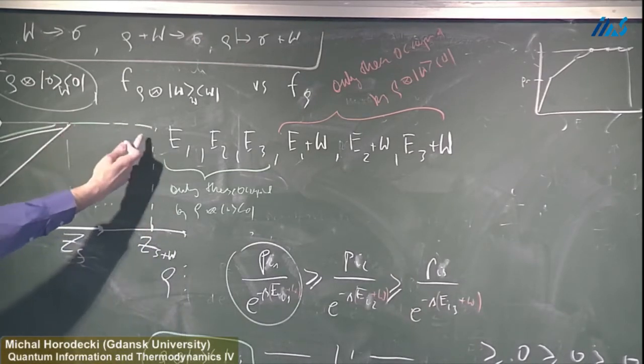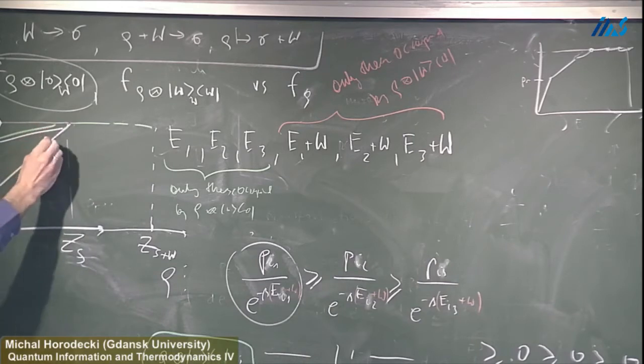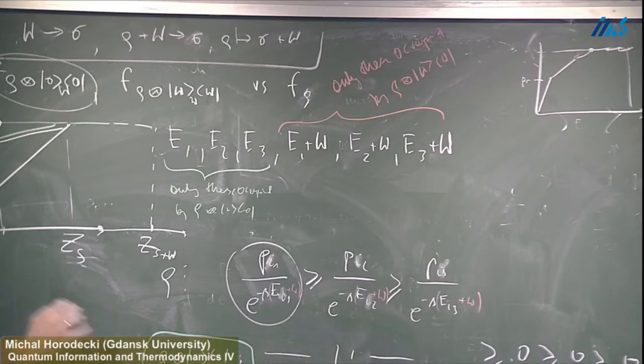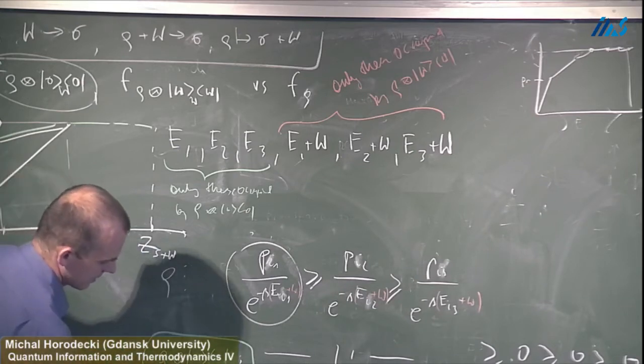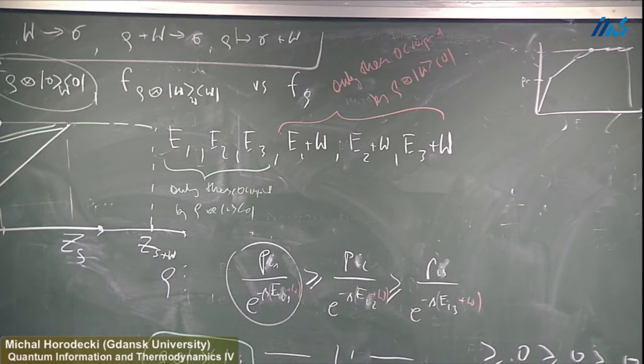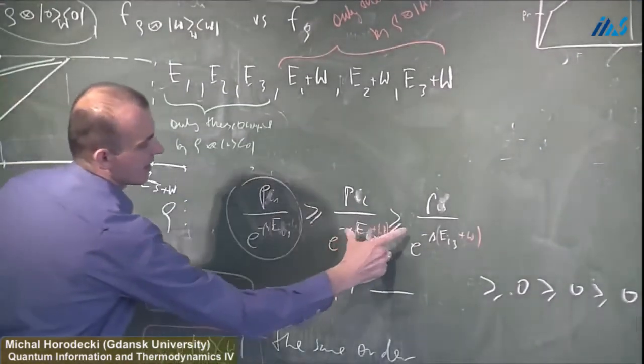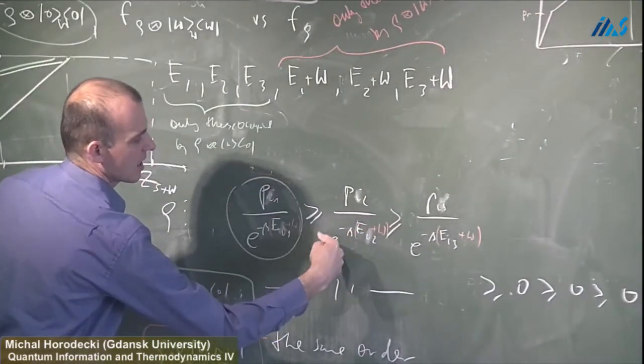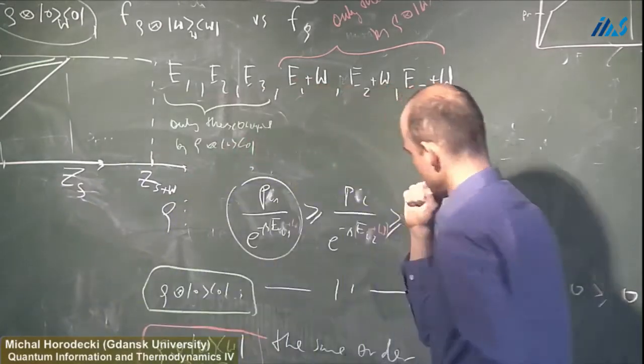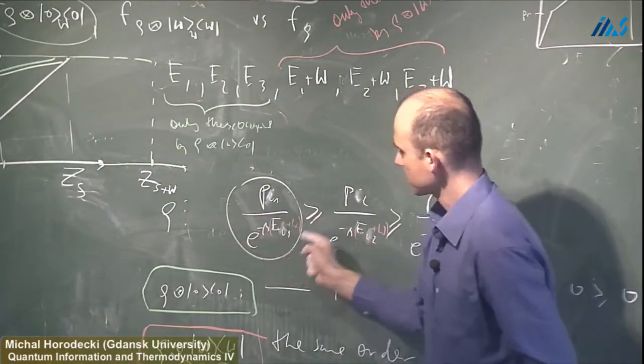But this really doesn't matter, because this is where the function is non-trivial. Now we consider the second case, and what we have here is that it's the same order, but you see these quantities are smaller.